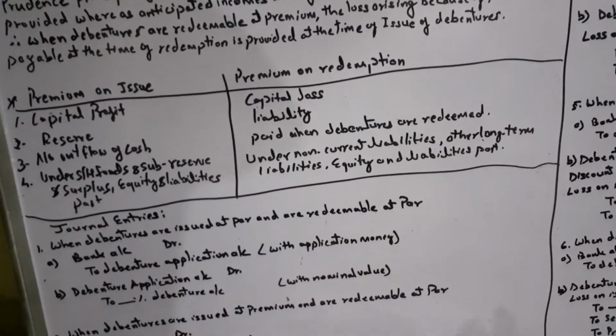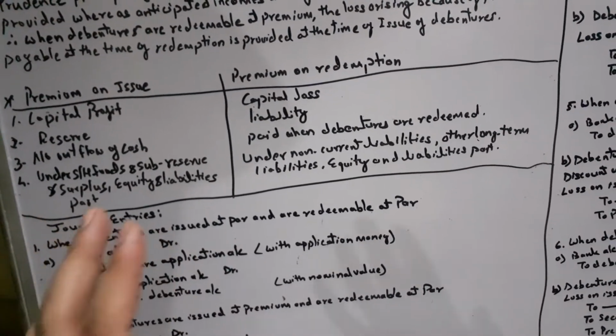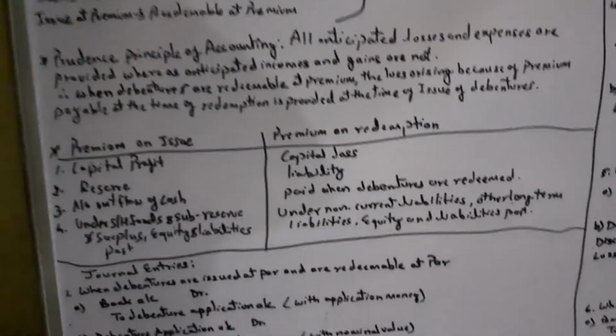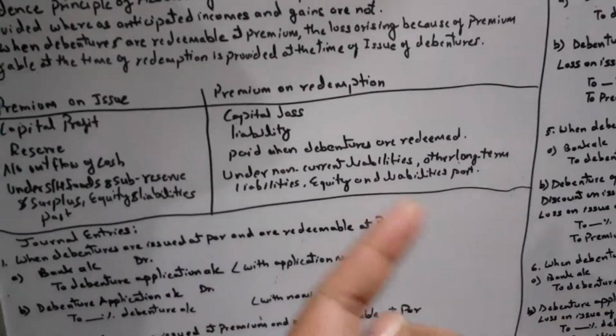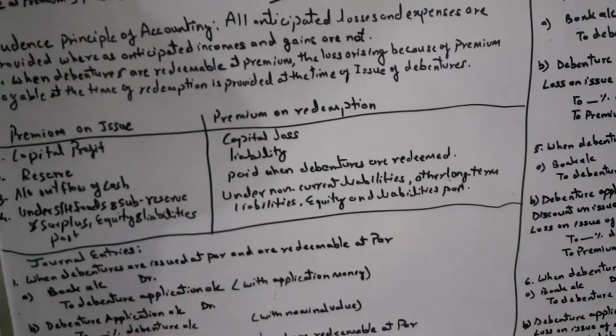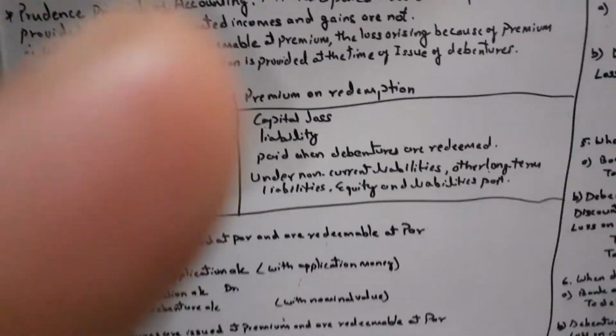When debentures are redeemed, premium on issue is shown in the balance sheet under equity and liabilities, under shareholders' funds and reserves and surplus, whereas premium on redemption is also shown in the equity and liabilities part but under non-current liabilities and other long-term liabilities. So this is the basic difference.